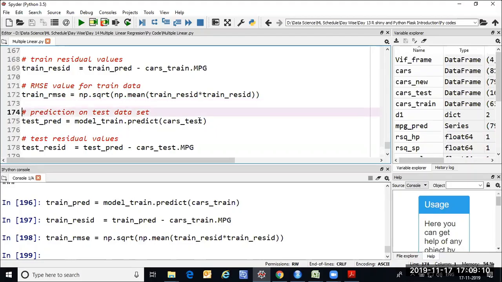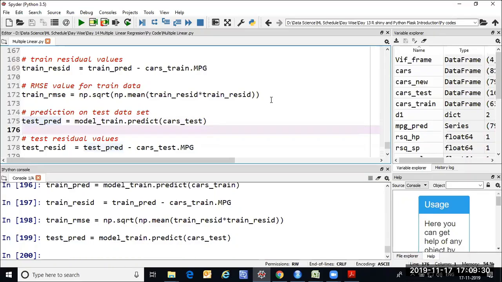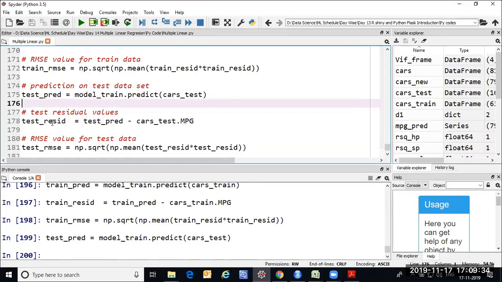Now, let's use this same model we built and run the predictions on the test data. Now we need to see how well it is performing on the unseen data, which is nothing but the test data, right? So let's run this on the test data. And let's capture the residuals on the test data. The moment you run the model, you'll have the predictions generated.